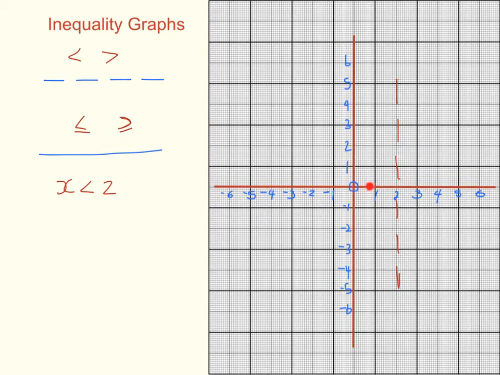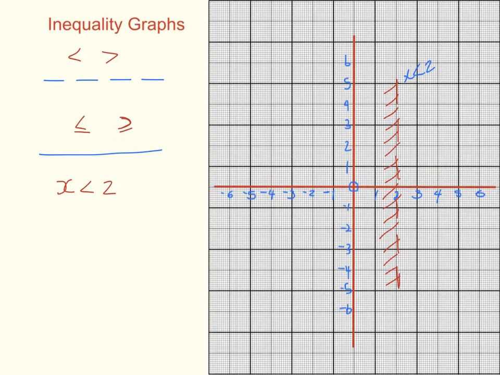All the values of x less than 2 will be on this side of the line, not that side. So they're all going to be here. I will shade this side of the line ever so lightly, and that represents x is less than 2. And I can label it as such: this line is x is less than 2.